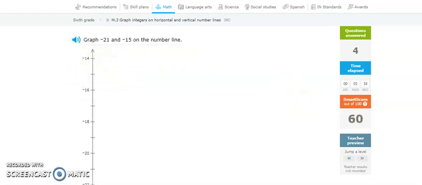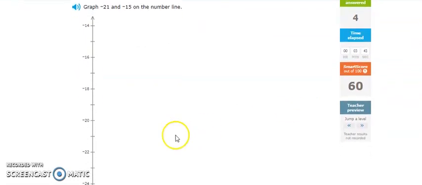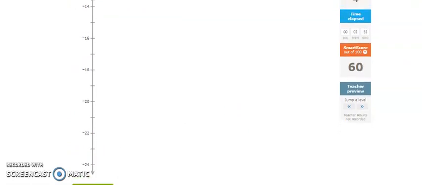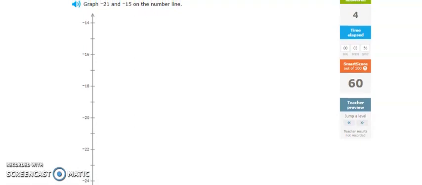Awesome. All right, let's do one more, this time on a vertical line graph. So I have -21 and -15. Neither of these are listed on our graph, but I can see that it goes from -24 up to -14.